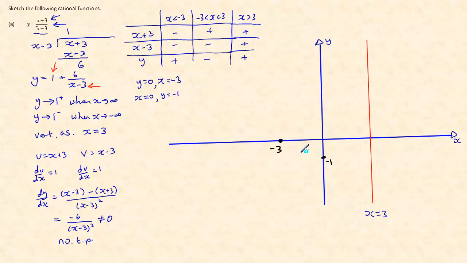And let's see what happens now. We know there's a horizontal asymptote, and that horizontal asymptote we found over here was y is 1.